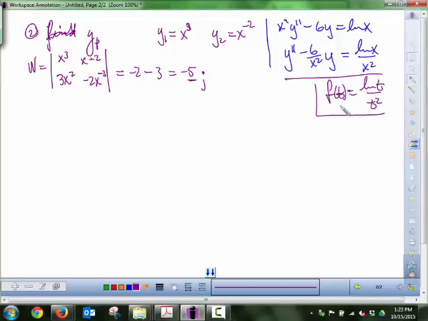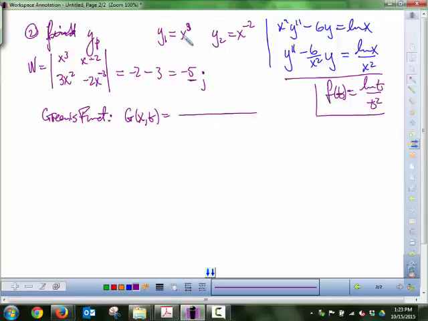So we got our Wronskian, we got our f of t, so we just need Green's function. So Green's function is going to be g of x and t, sorry, is going to be a fraction.